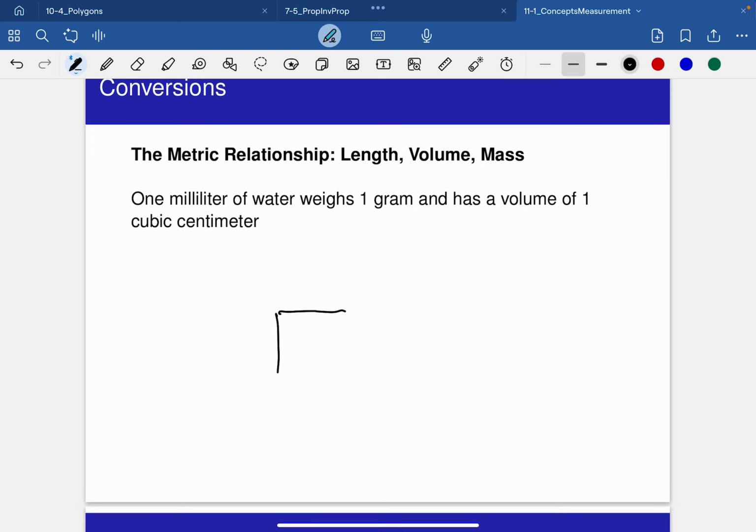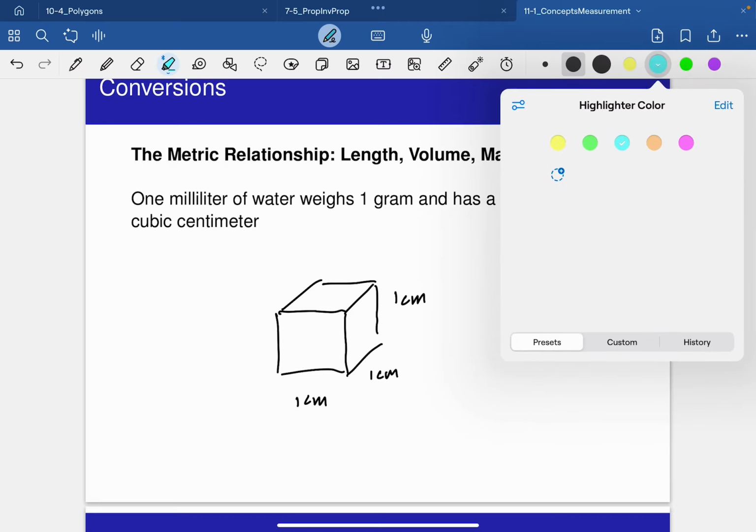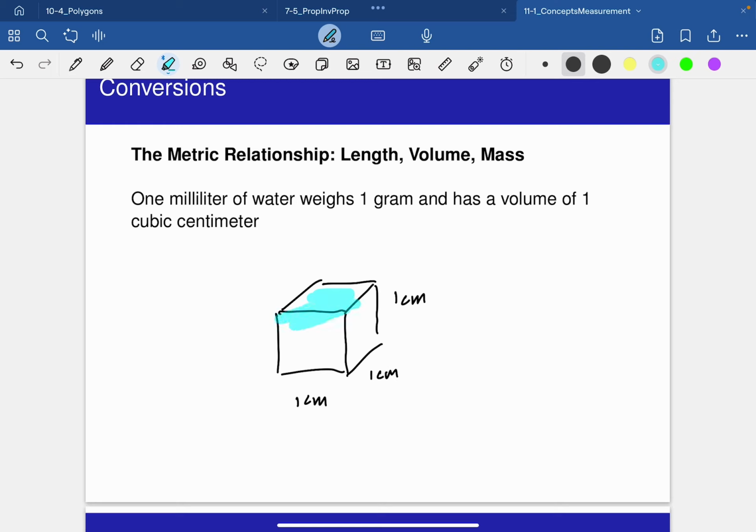If you think of this little box, 1 centimeter on a side, and I fill that little volume with water, this is the same thing as 1 milliliter.